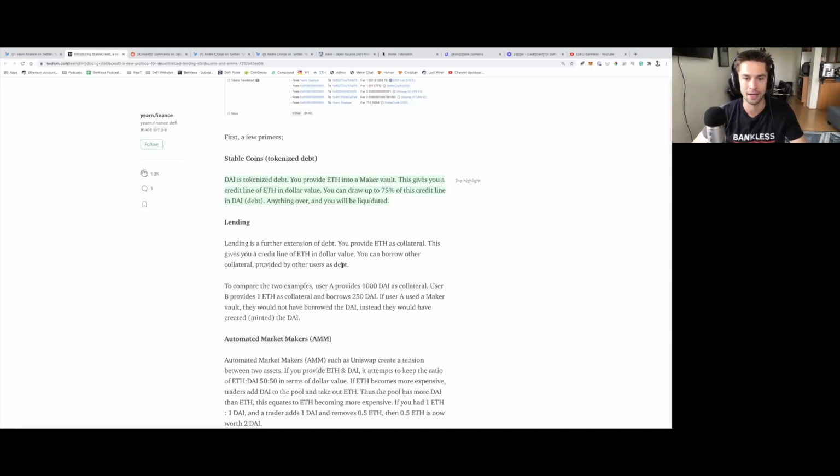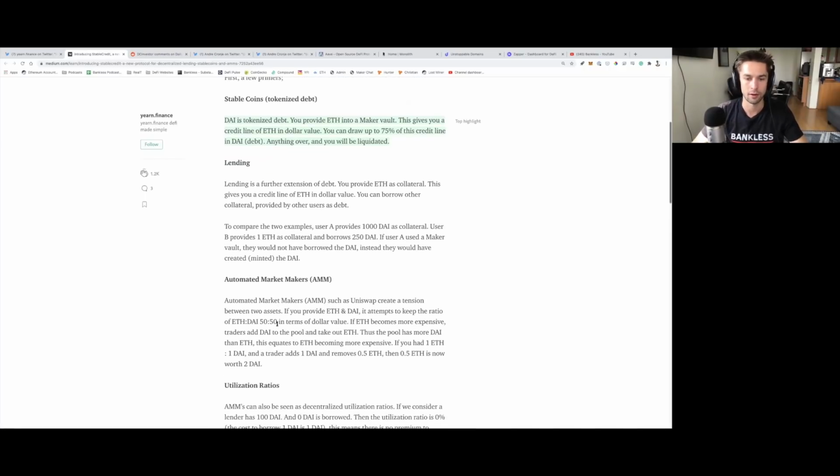And this gives you a line of credit in Ether in dollar value terms. And therefore, then you can borrow other collaterals that other people have provided as debt, right? And so like you submit Ether and then you can borrow WBTC or lend token or synthetics. And you can do that in Aave or in Compound.